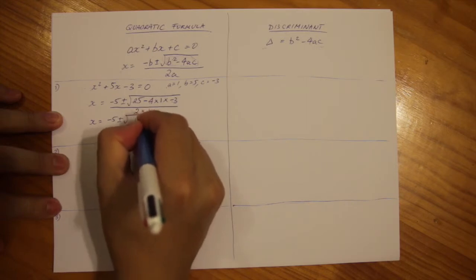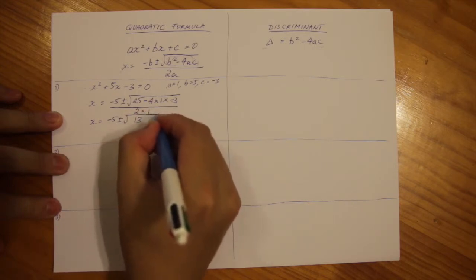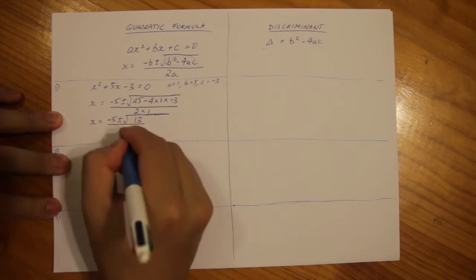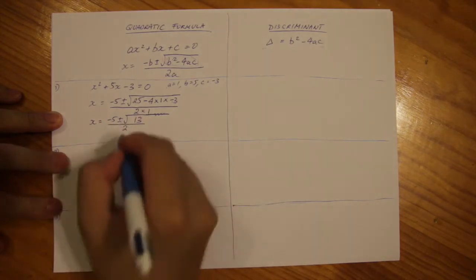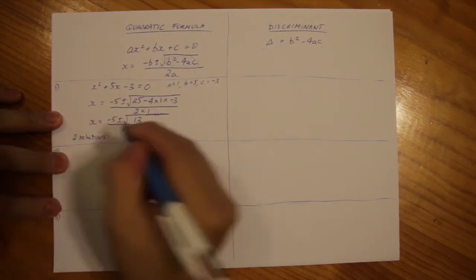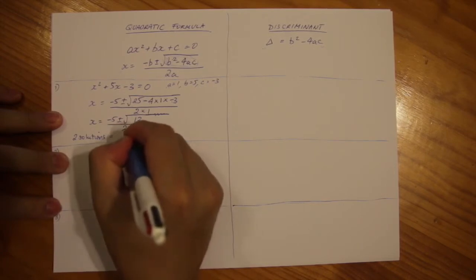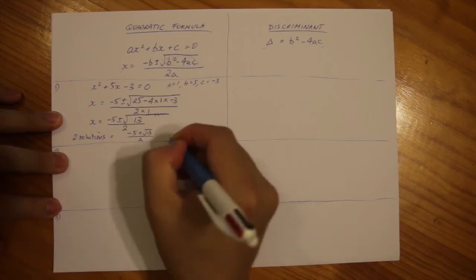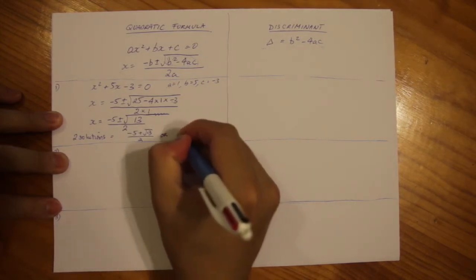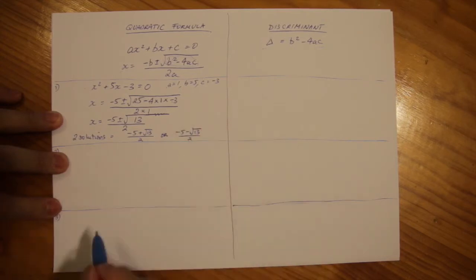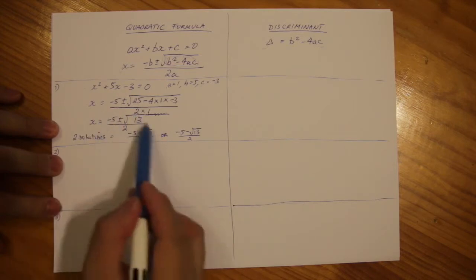I made my square root a bit too long, but that's okay. So 2 times 1 is 2, and what we'll have is 2 solutions, which is minus 5 plus square root of 13 over 2, or minus 5 minus the square root of 13 over 2. So that works out really well.